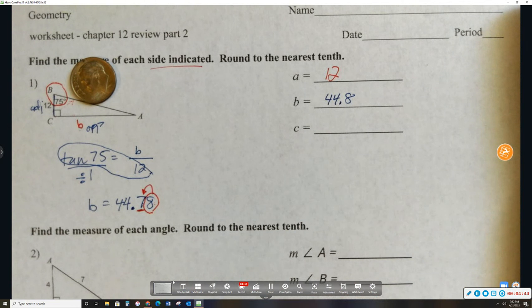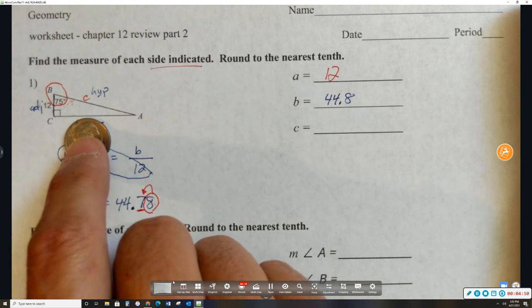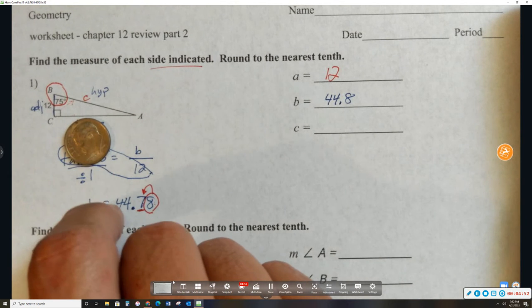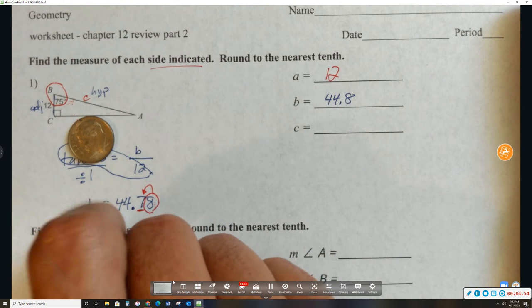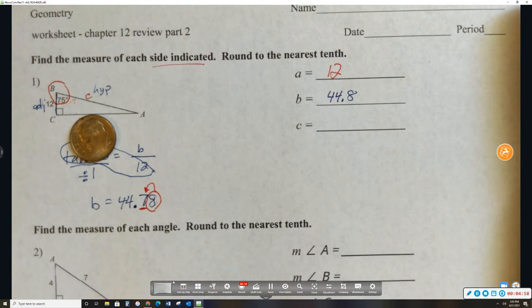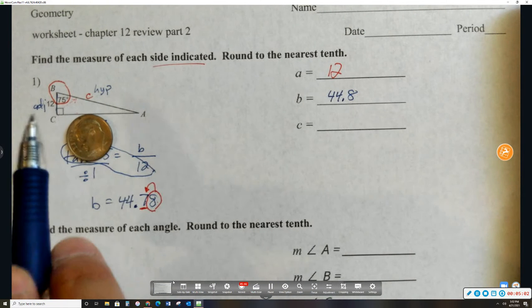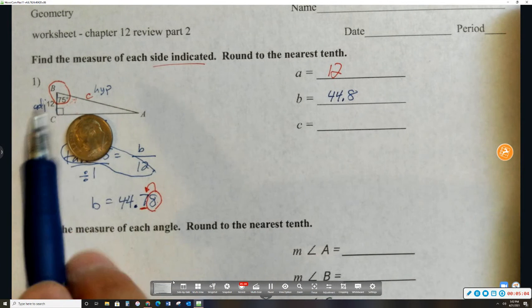Now at this point I could use the Pythagorean theorem, but I'm not going to. I'll use the Pythagorean theorem down towards the bottom. I'm going to write another equation using one of my trig ratios to find C. Now that I found B, I'm going to cover B. Then I have adjacent and hypotenuse.